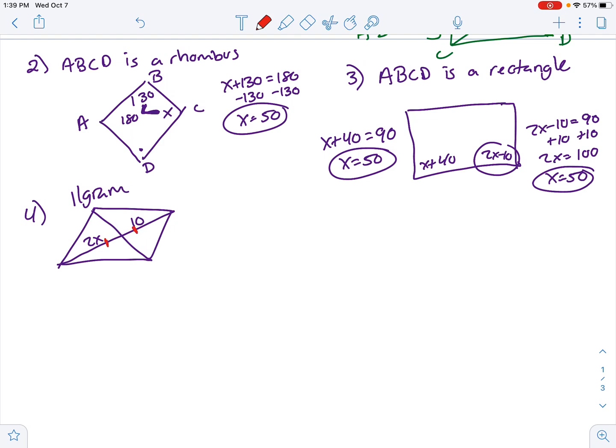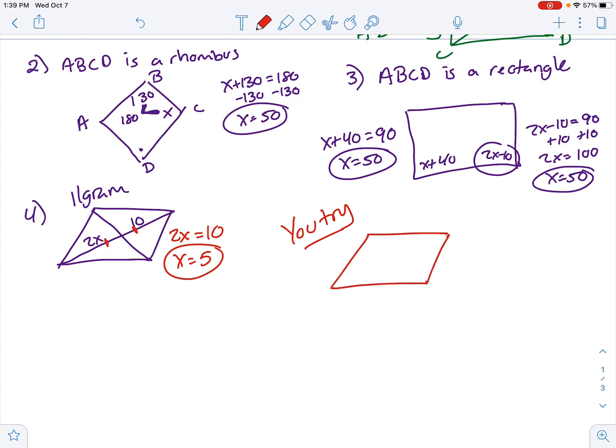So this guy would be cut in half, making two congruent pieces. So how would I solve? I would set these equal. There's your answer. Okay, now you try this last one. I'm going to tell you it's a rhombus. Go ahead and solve.